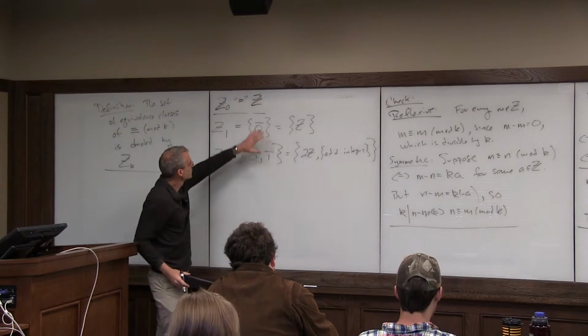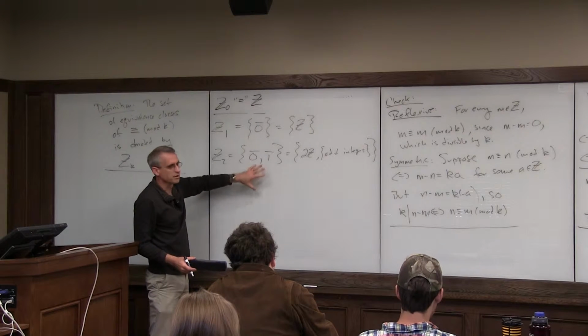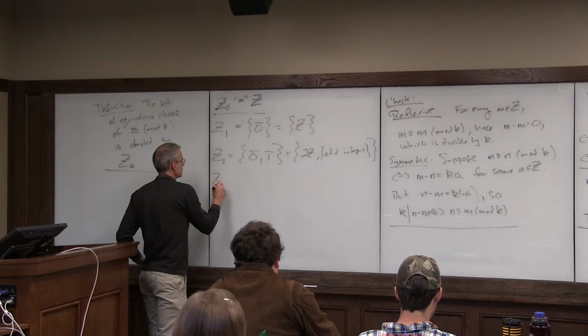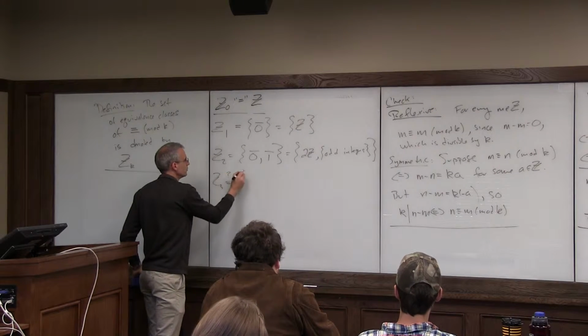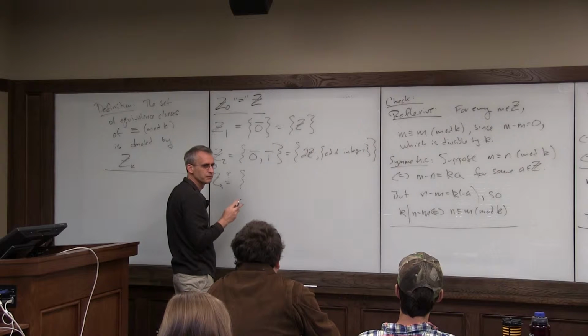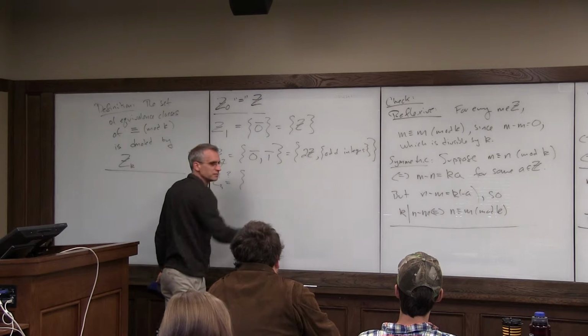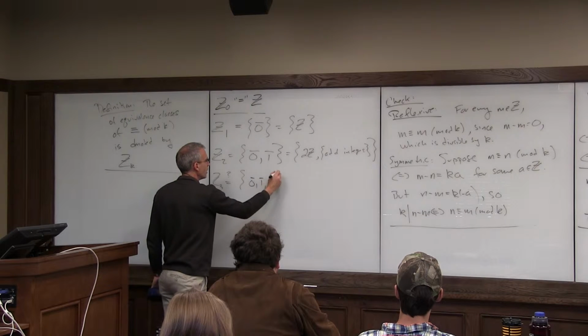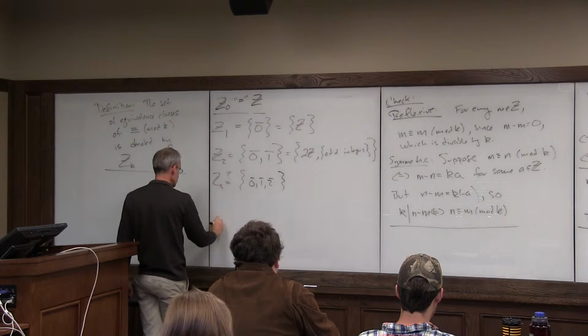So obviously this is the way we want to think about this. And what do you think Z3 should be? 0 bar, 1 bar, 2 bar. And in general, what do you think Zk should be?